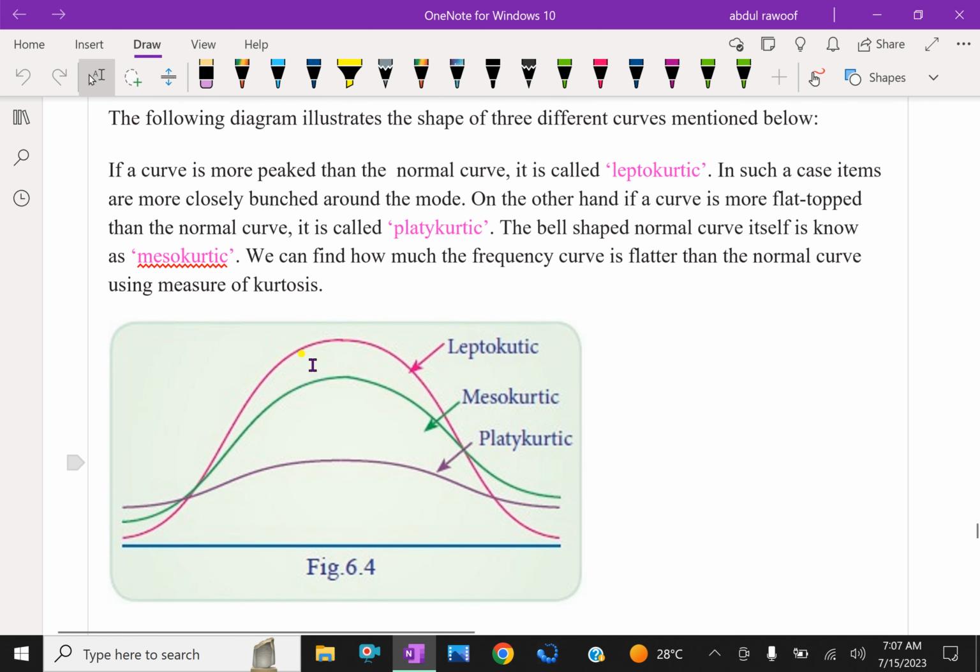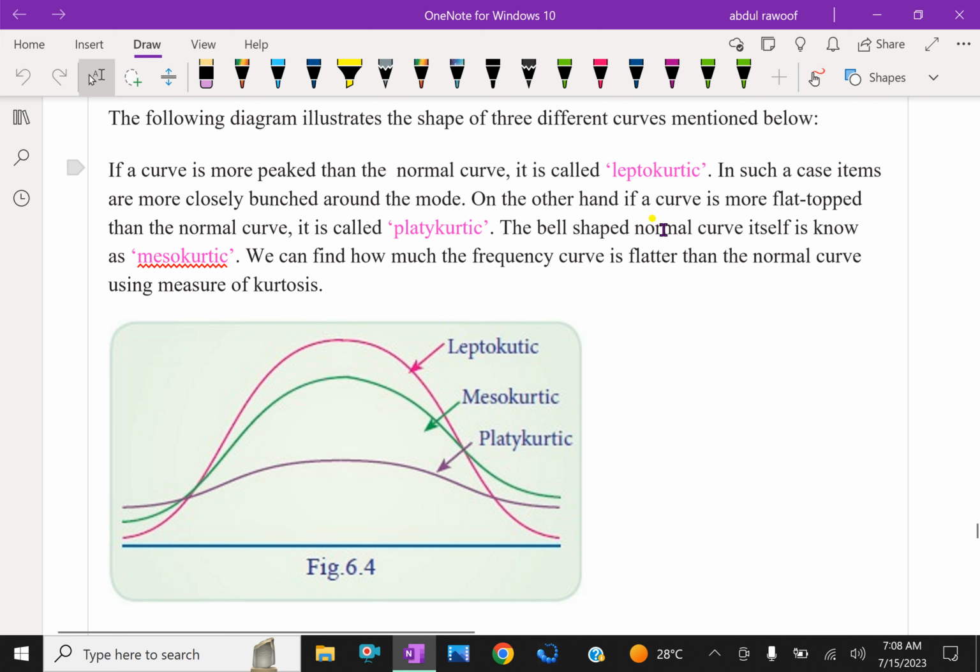Here, the first one: if a curve is more peaked than the normal curve, it is called leptokurtic. This is leptokurtic. In such a case, items are more closely bunched around the mode.